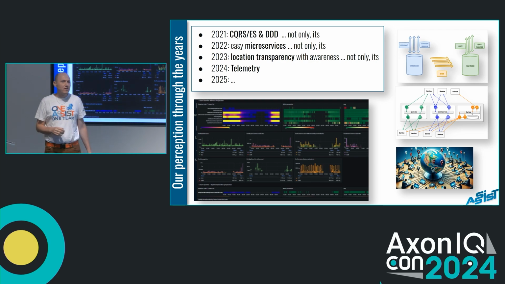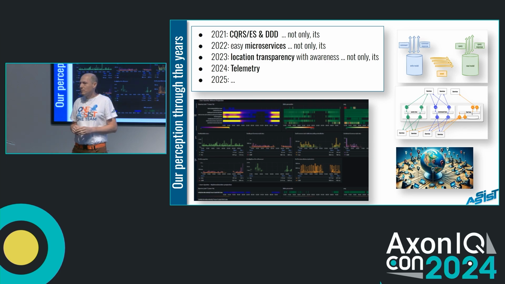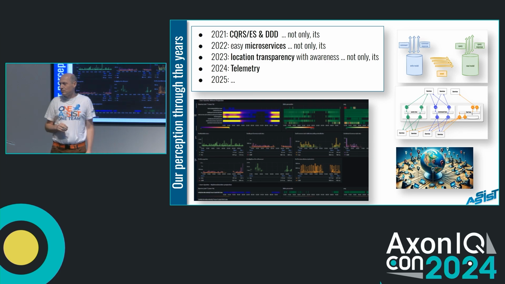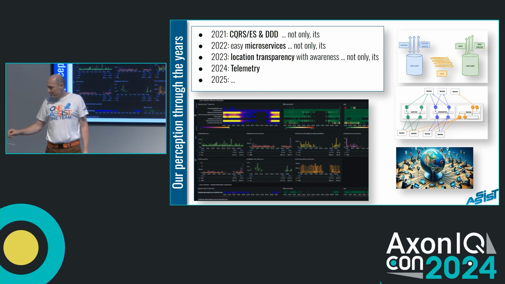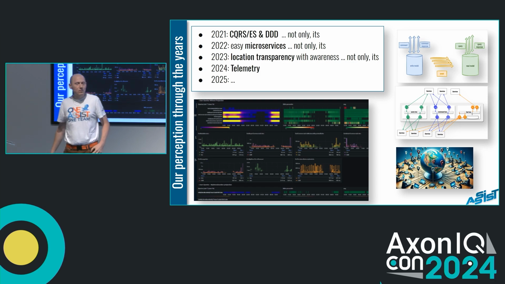In 23, we started to think about deploying the applications worldwide. So the location transparency with location awareness, which Art spoke about, brought us some ideas. And now this year, we are running a big application, so the telemetry is very important for us.